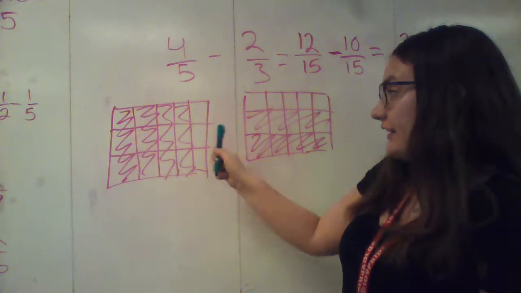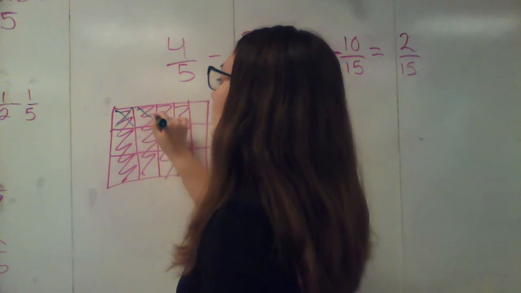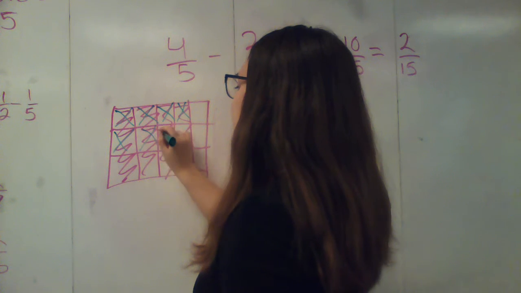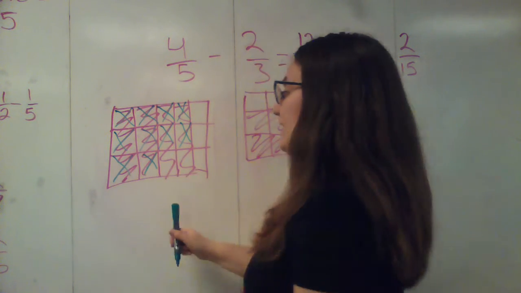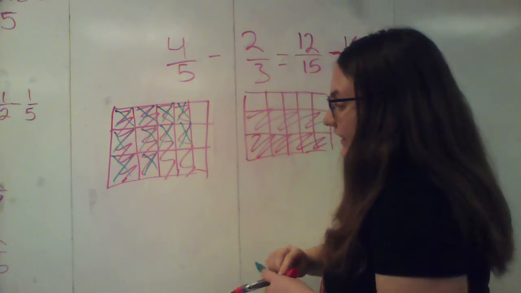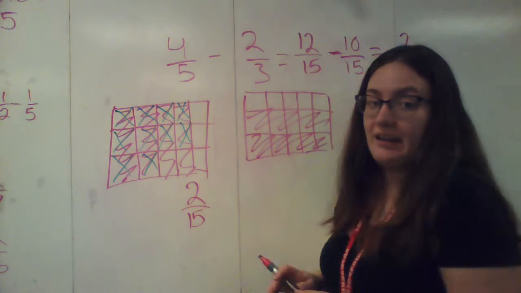So I can cross off in this first model 10 of those boxes. I'll go 1, 2, 3, 4, 5, 6, 7, 8, 9, and 10. I have 2 boxes left over, and that is out of a total of 15.